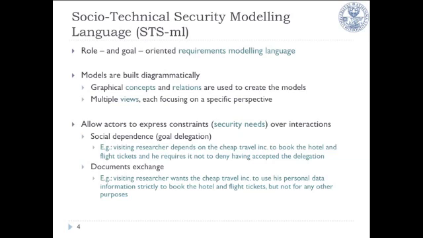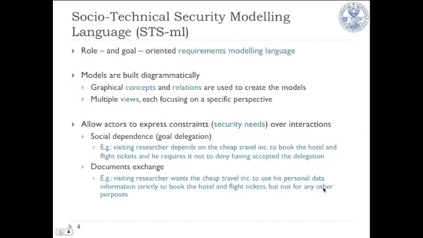And it's a graphical language, so models are built diagrammatically, and it has graphical concepts and relations that are used to create the models. The particularity of this language is that it offers multiple views, in the sense that you don't have to build the whole scenario in one single big model, but the model itself is separated into different views, in which you concentrate on a particular perspective at a time, but we'll see it in the following slides.